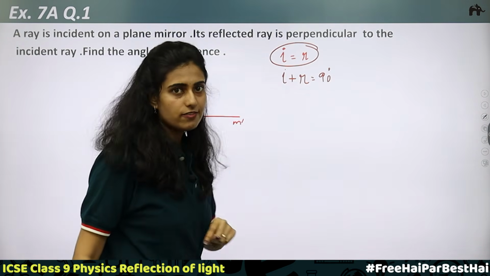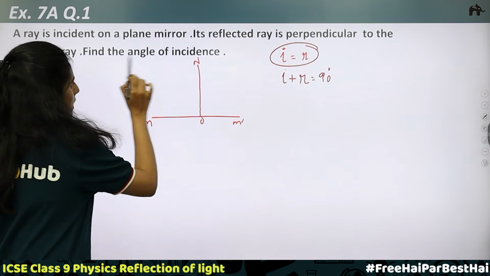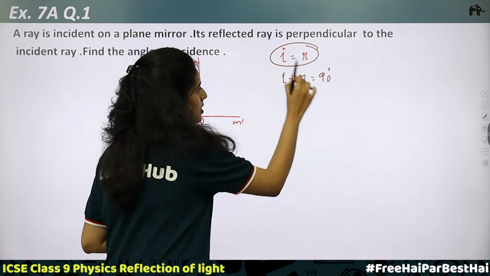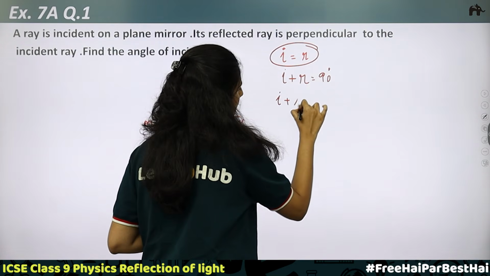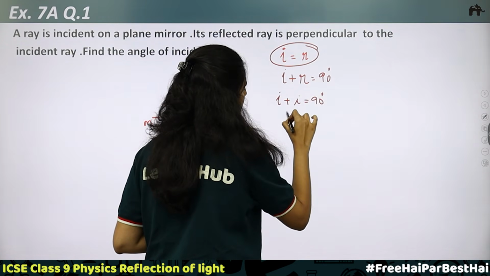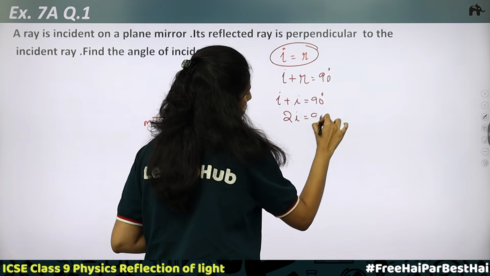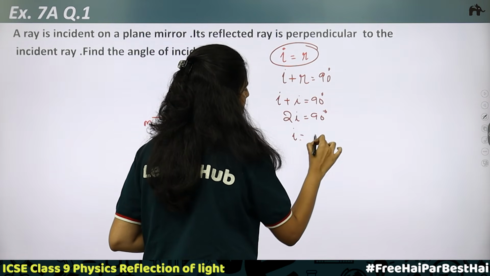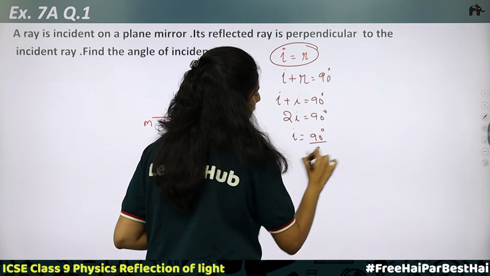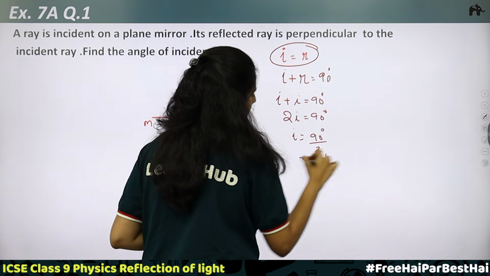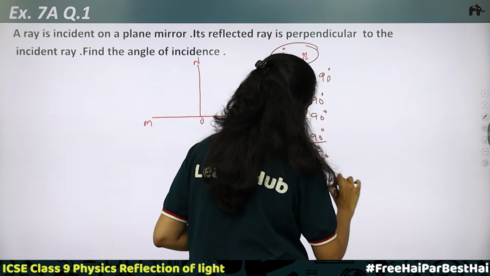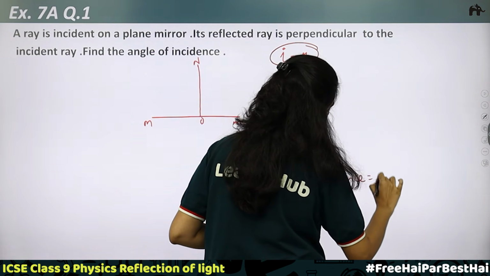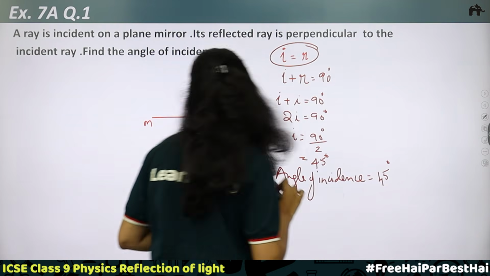We need to find the angle of incidence. In place of R, we can put I because they are equal. So I plus I is equal to 90 degrees. 2 times I is equal to 90 degrees, which means I is equal to 90 degrees divided by 2, which is 45 degrees. Angle of incidence is equal to 45 degrees.